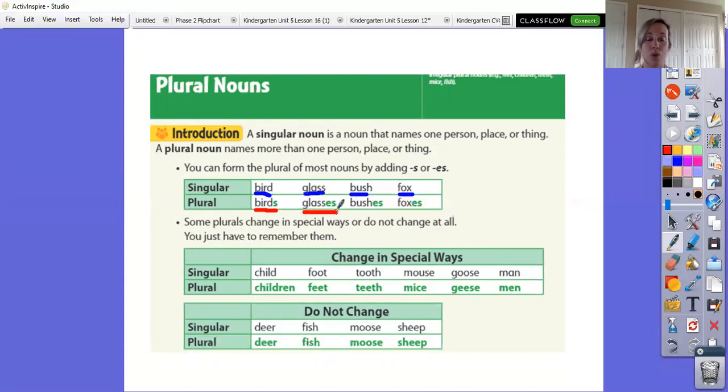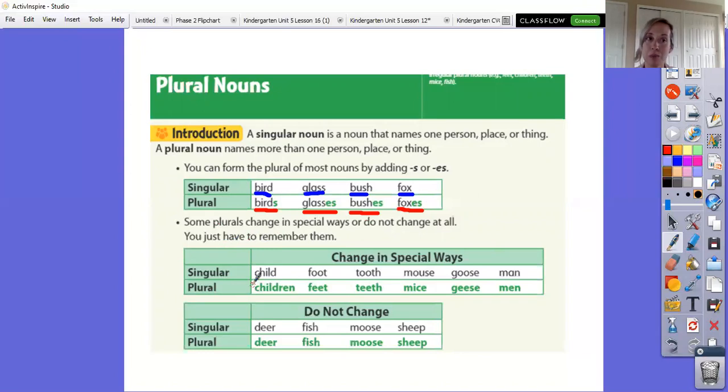Glasses, that shows me there's more than one. Bush, I have to say bushes, okay? So adds an ES. Fox, anything that has that S sound at the end, you're probably going to have an ES, okay?